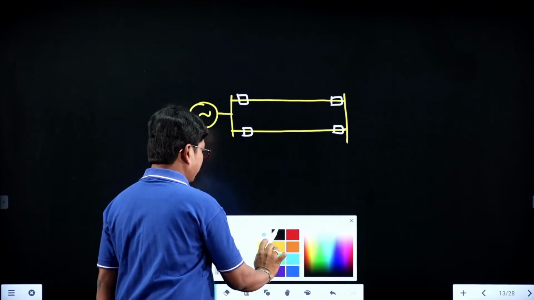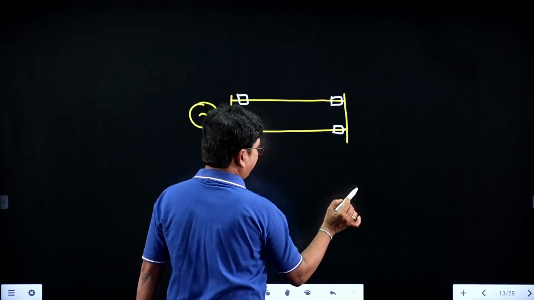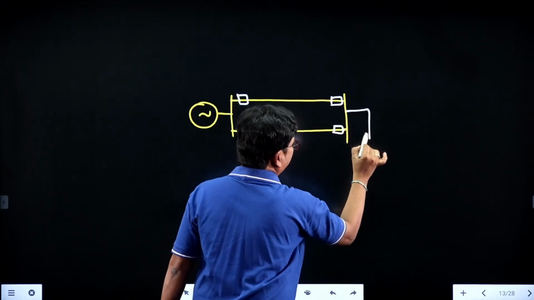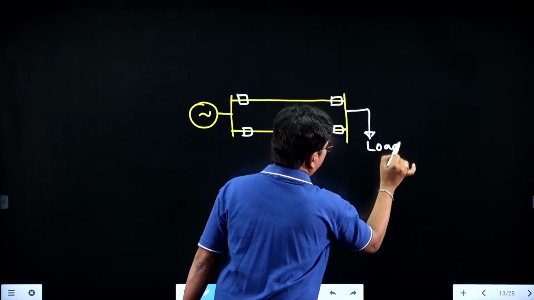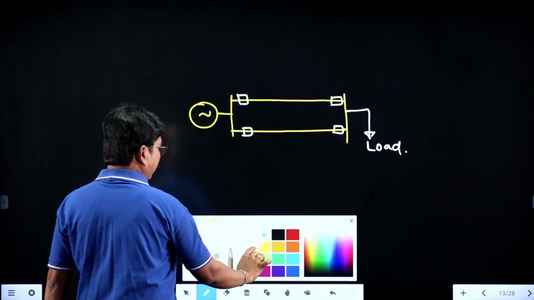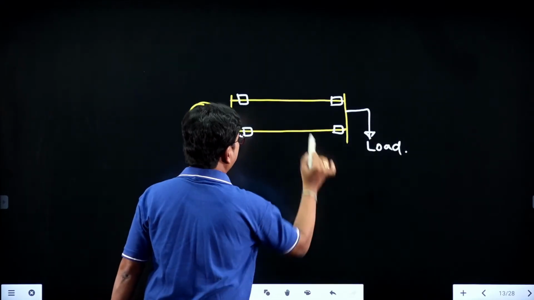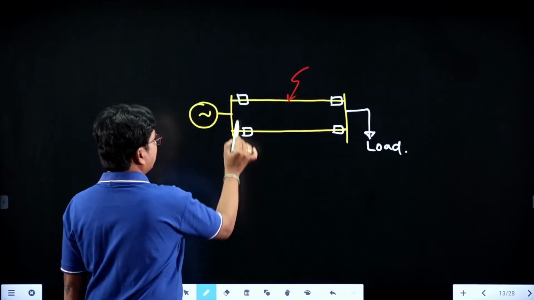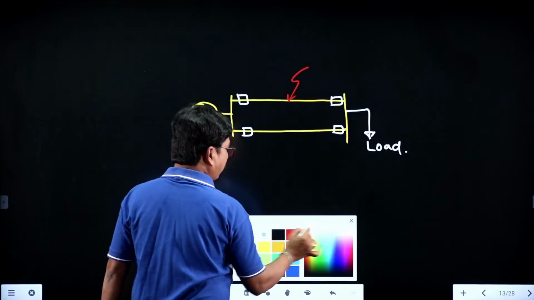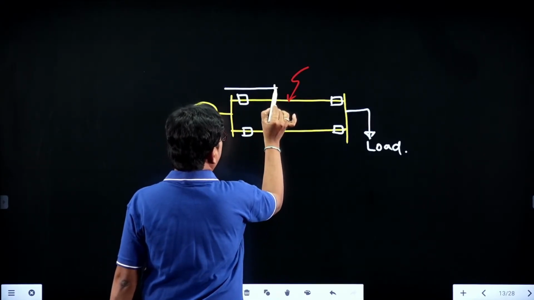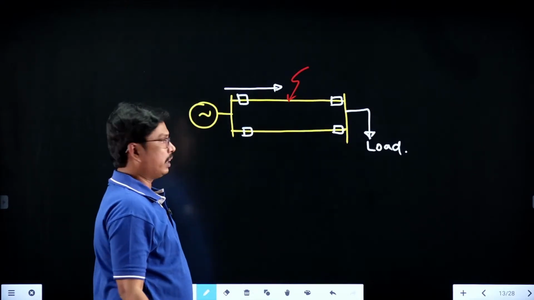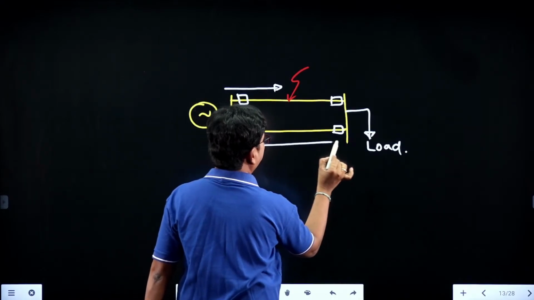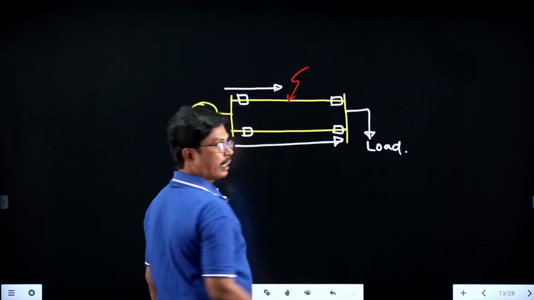Now suppose, students, you are having the load here. Tell me, whenever a fault occurs in line 1, suppose the current in line 1 is flowing in this direction, and the direction of current flowing in line 2 will be in this direction, right?